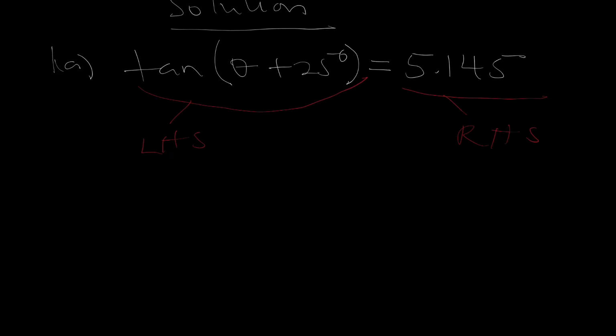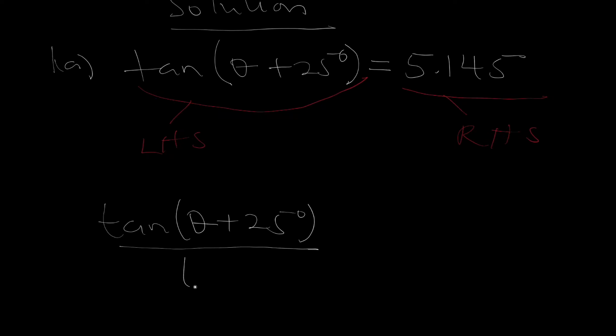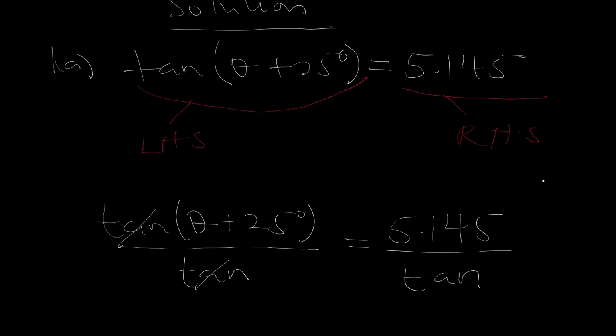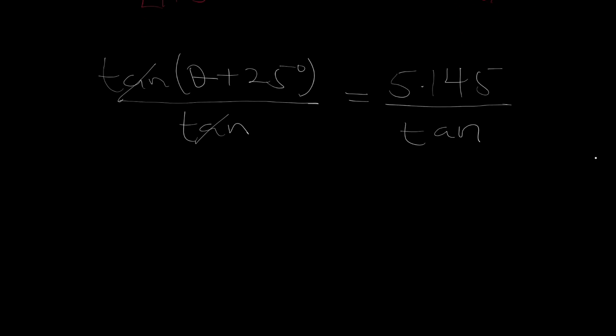So dividing both sides by tan, we have tan(theta plus 25 degrees) all over tan is equal to 5.145 all over tan. Now tan cancels tan. We have theta plus 25 degrees equal to 5.145 over tan.